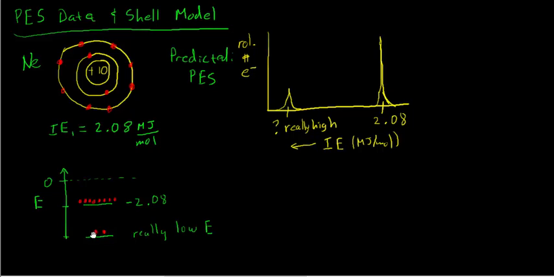At the really low energy, we would expect another peak. We don't know where it's going to occur, but at some really high energy, and it would be 2 units high. So this first peak would be 1/4 the height of this second peak. So that's our predicted photoelectron spectrum.